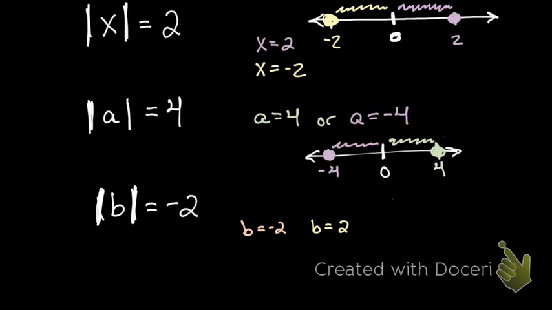He's trying to trick. Negative 2 because the absolute value of 2 is... Wait, so you said the absolute value of -2 is what? It isn't positive. I'm confused. So B can't equal 2 because the absolute value of negative 2 is not positive.